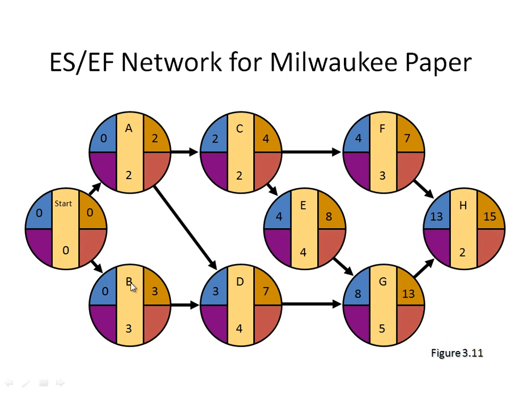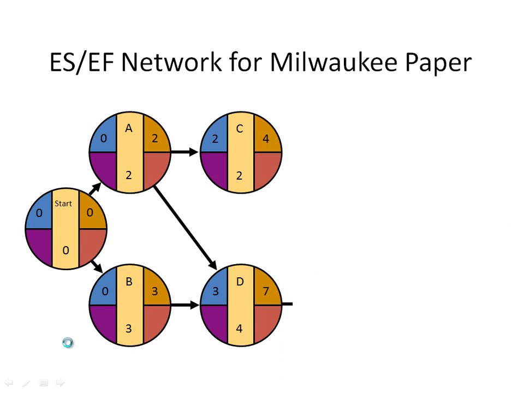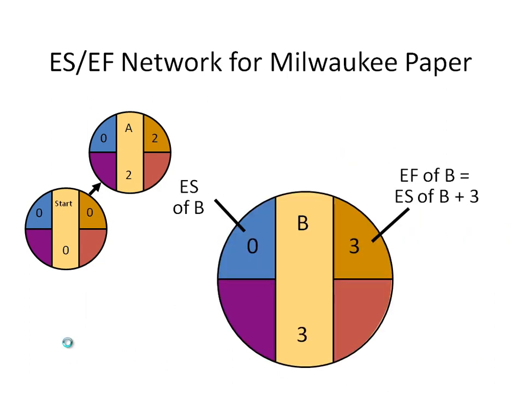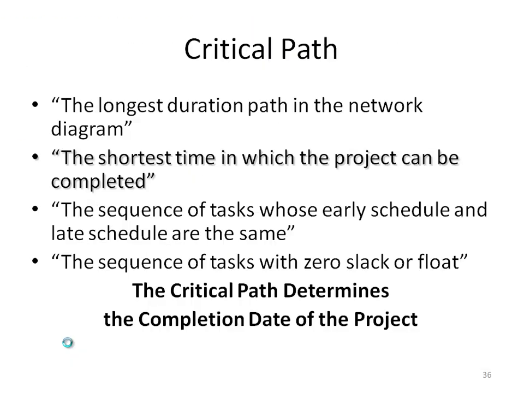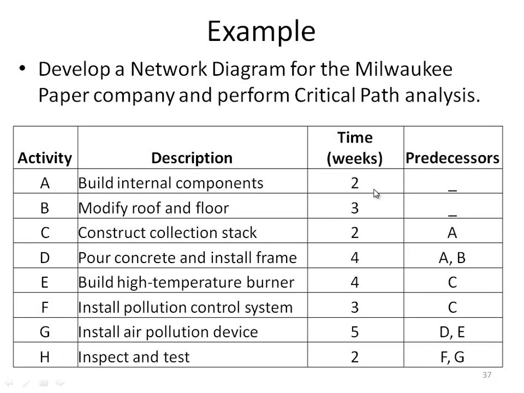If you go back to the table and calculate these, 2 plus 3 is 5, 5 plus 2 is 7, 7 plus 4 is 11, 11 plus 4 is 15, 15 plus 3 is 18, 18 plus 5 is 23, 23 plus 2 is 25.